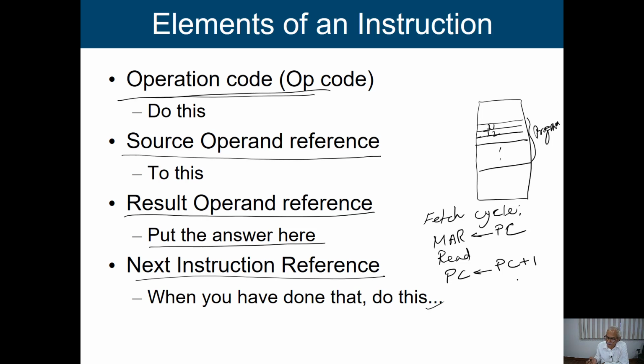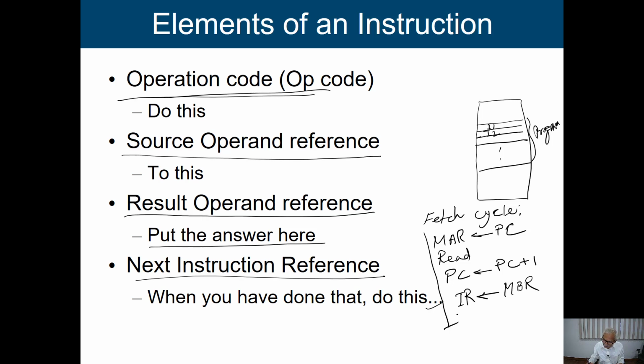After that, the result, when we bring it to the processor, first comes to the MBR, the memory buffer register, which is an interfacing register. We then transfer the information from MBR to the instruction register. That means now the instruction is available in my instruction register.